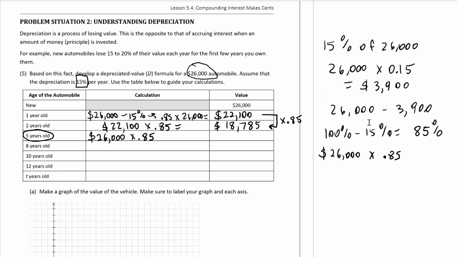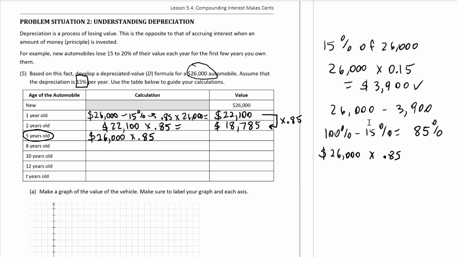It's not going to be 15% times 5. No, it's not working like that, because each year your value is actually becoming smaller. So it's not the same 15%. It's not going to go down by $3,900 every year, because the value is smaller. The next time you do 15%, it's going to be less than $3,900.